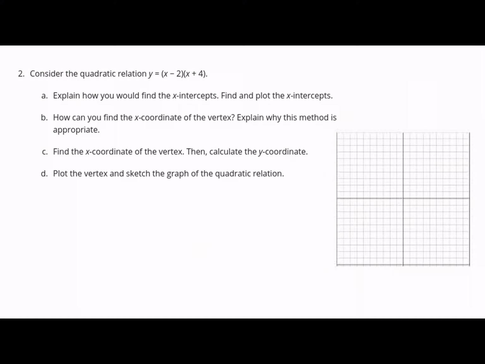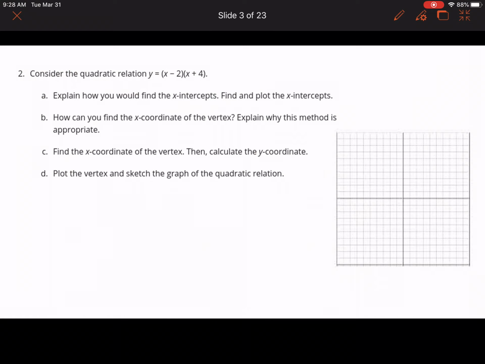So if we consider the quadratic relation y equals (x minus 2)(x plus 4), and that looks surprisingly like y equals (x minus s)(x minus r), which is a formation of our factored form.